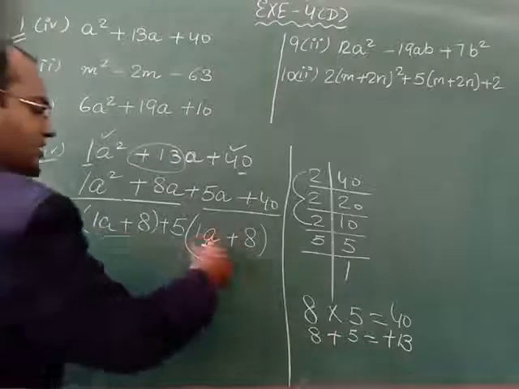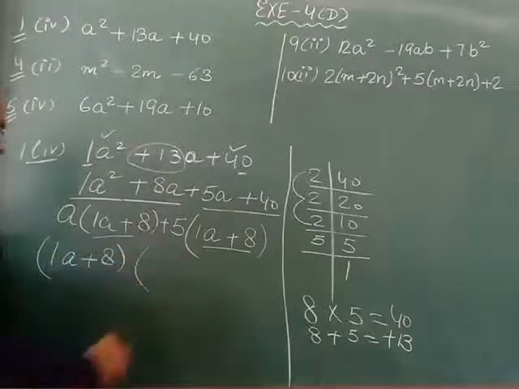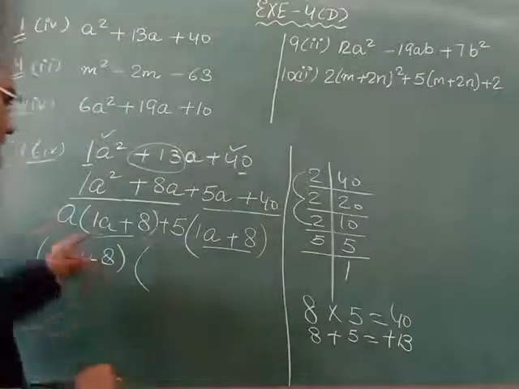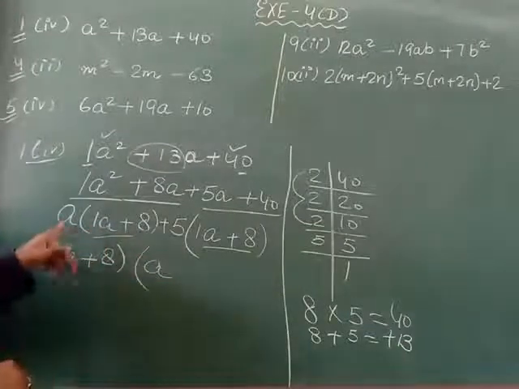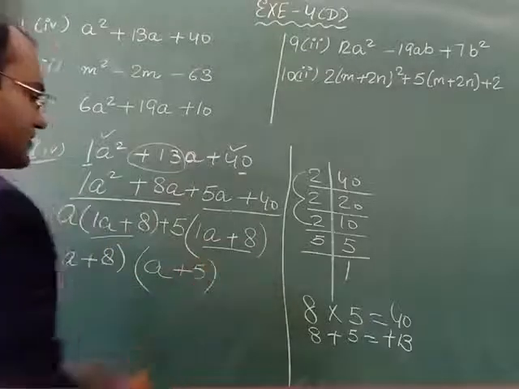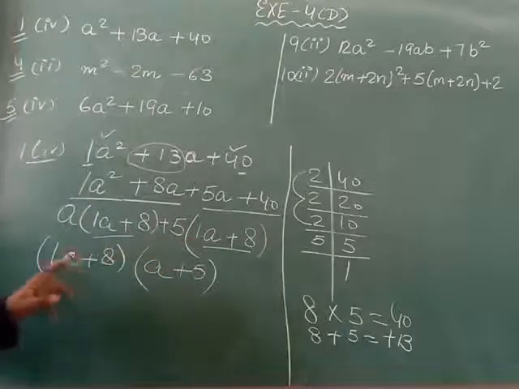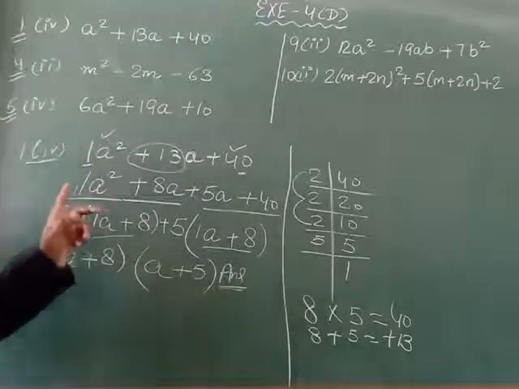These two brackets are the same, so we will take 1a plus 8 as the common term. In the other bracket we will write the remaining part: a is remaining, plus 5 is remaining. This one we have taken common already, so this is your final answer of the first question, fourth part.